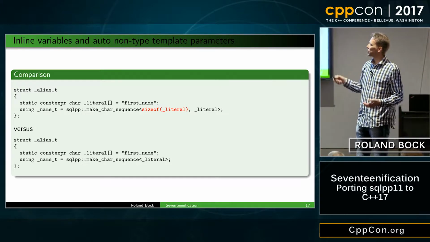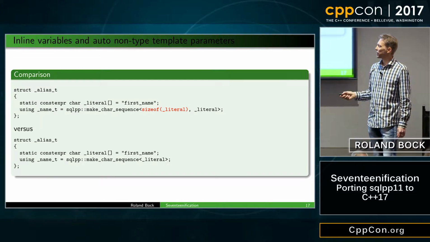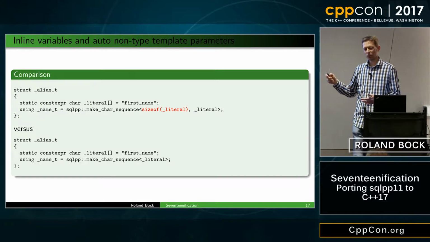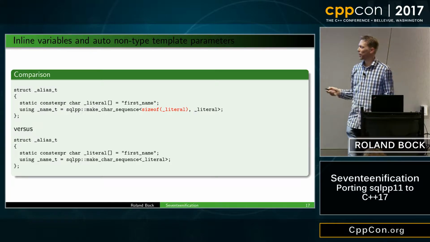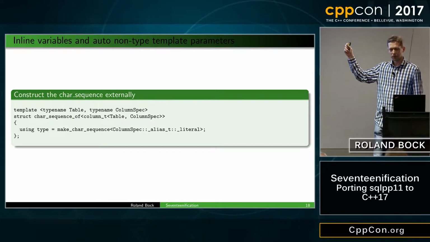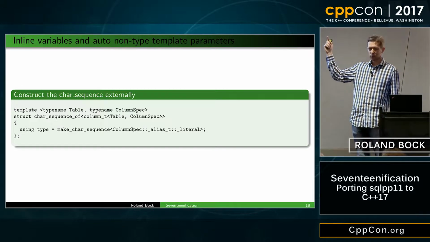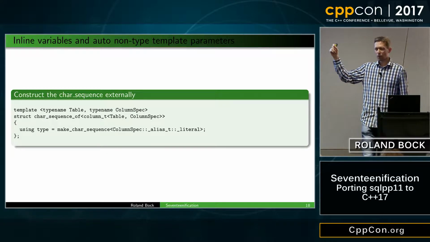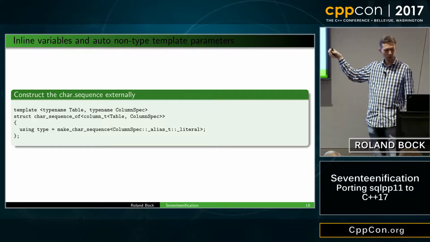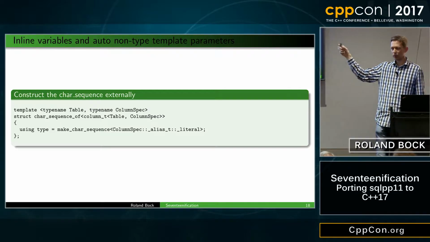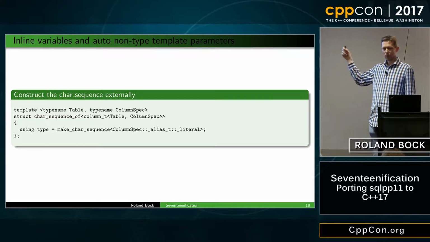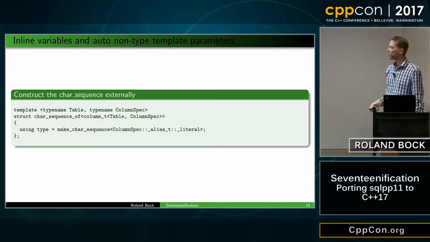So I had more time on my hands to think about it, and things that should have been obvious probably in the first place, but I just didn't have the time to think about them, was I can make this character sequence generation an external function, basically. So in template metaprogramming terms, an external function. It's a free function of the struct. I don't have to have that inside of the struct. There's no value of having the character sequence type inside of the struct. Okay.